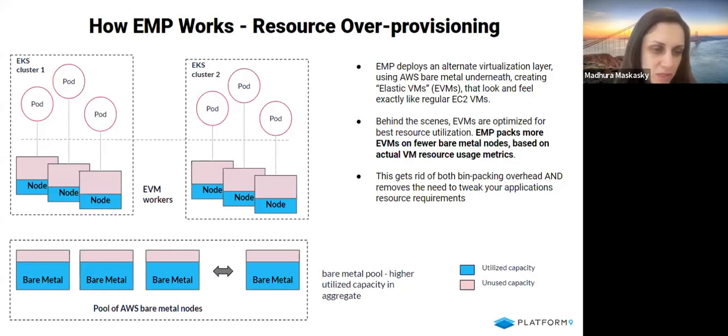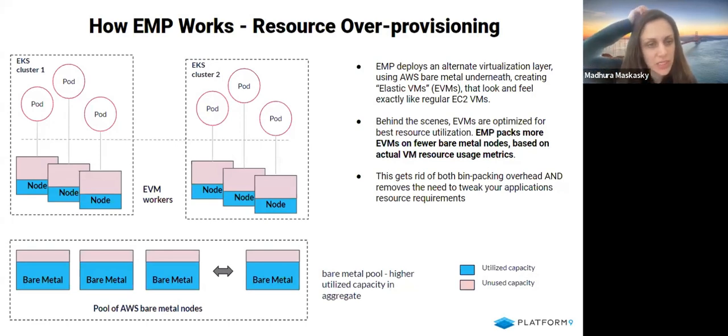It does that by leveraging over-provisioning of resources, which has been used in virtualization and private clouds for decades, and relies on statistical multiplexing, the fact that not all virtual machines consume all the resources they're configured with over their lifetime. So with EMP, you can typically configure about, say, 1.5x to 2x to 2.5x memory over-provisioning, for example, and similarly for CPU. So you can really cater it based on your application requirements and application performance.